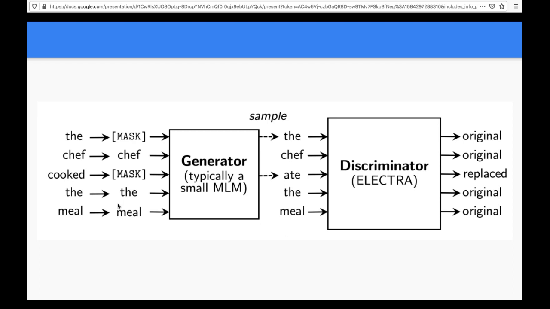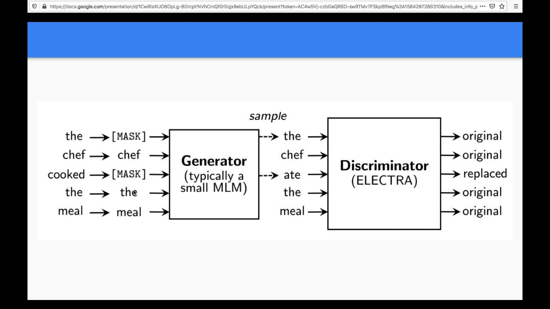For example, you want to fine-tune a sentiment classifier. Then you will just put your corpus, your example, with every token just there, without any mask. Then it classifies the sentiment as negative or positive. This is the way to fine-tune BERT.